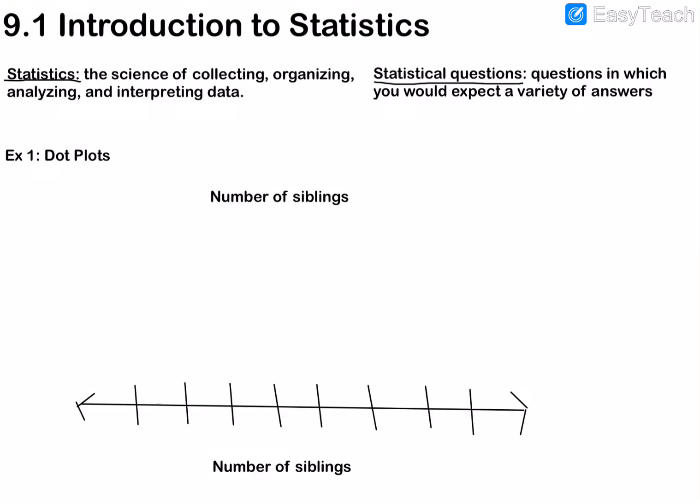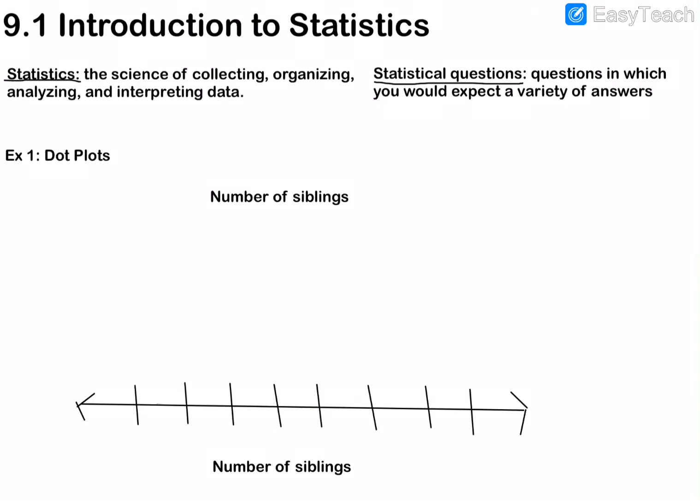But since I don't have you in class right now, unfortunately, I am just going to go ahead and take a data set from the textbook that we are going to use, and I will show you how you make a dot plot, how you read the dot plot, and this is one of the ways that you can express this data.